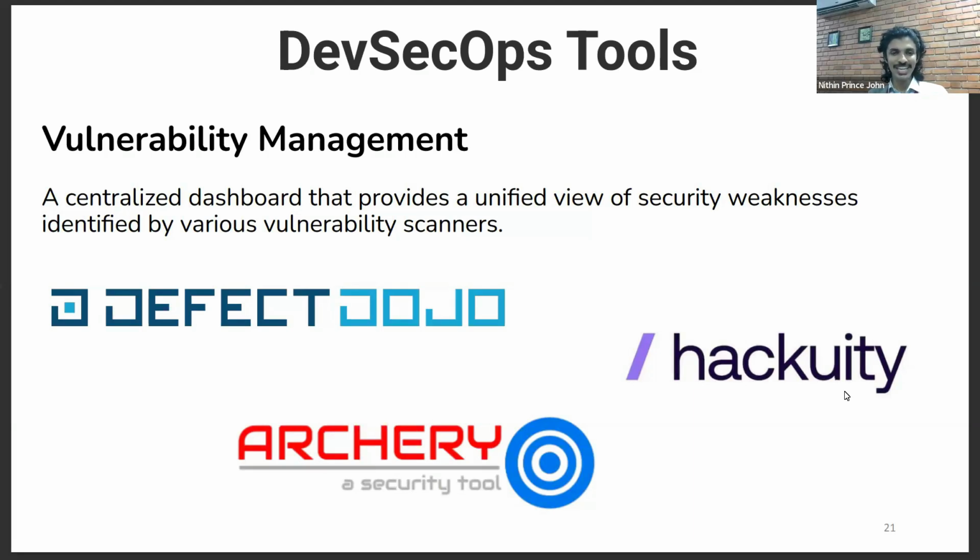Or in other words, a vulnerability management tool gives you a unified view of the security weaknesses identified by various vulnerability scanners, like the secret scanning tools, or the SCA, or the SAST tools. Some examples of vulnerability management tools are DefectDojo, then Archery, and Faraday. These are some of the tools that come under vulnerability management tools.